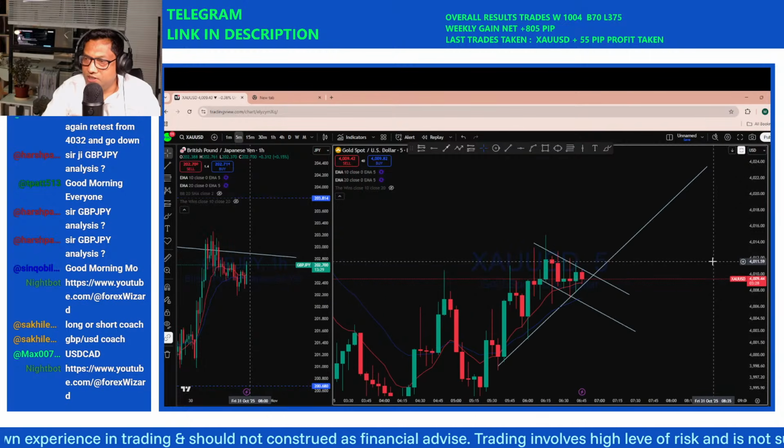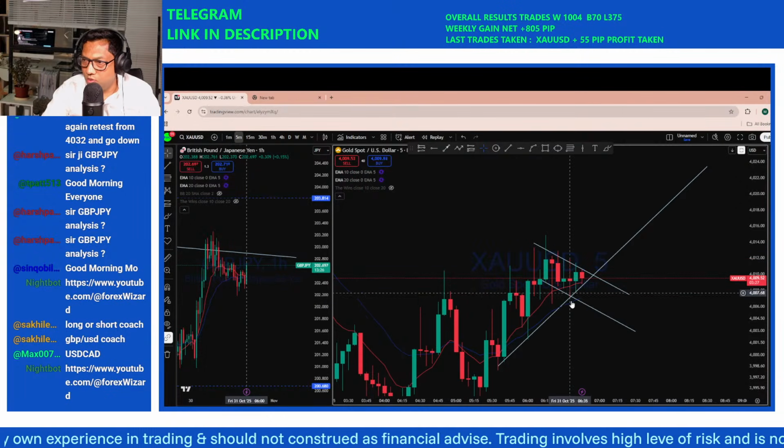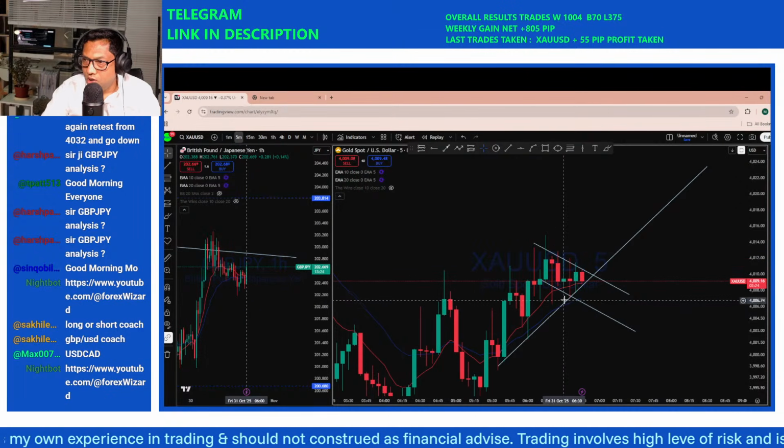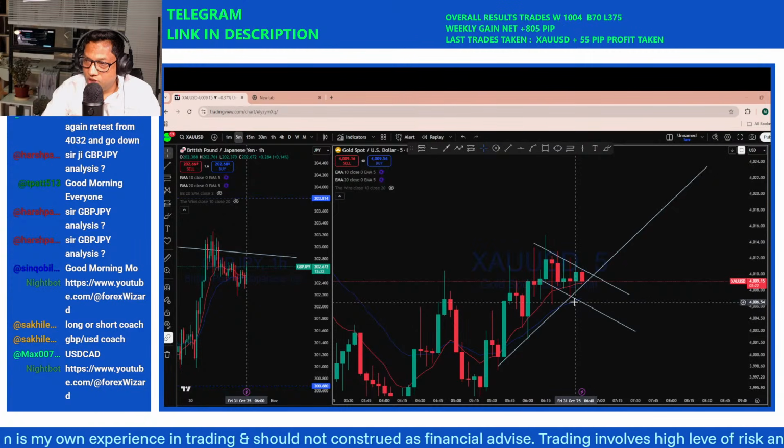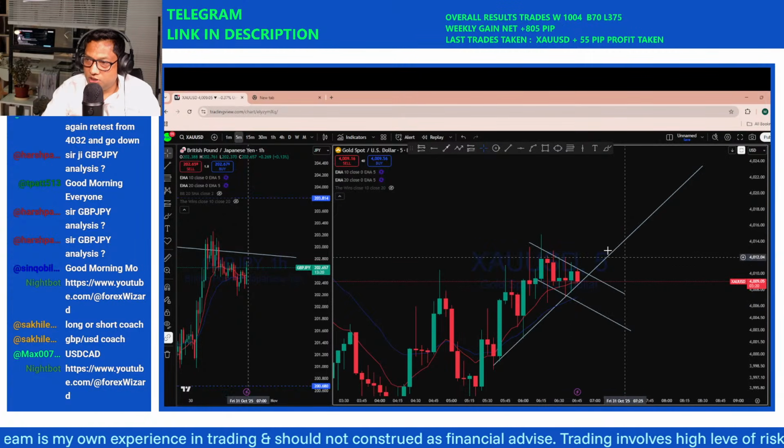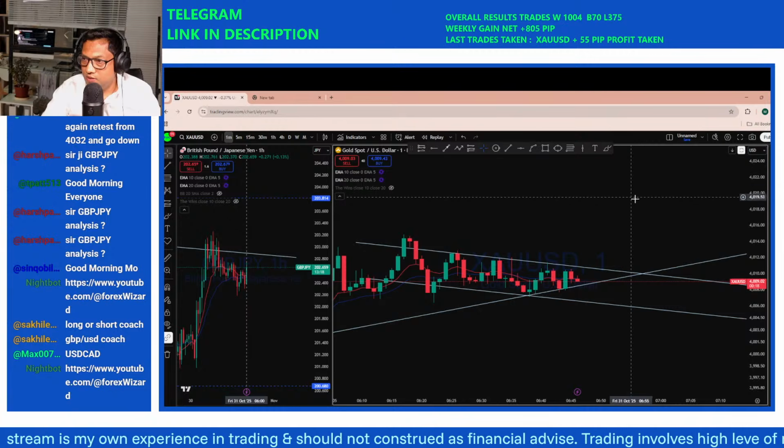Looking at the 5 minutes, it's a one candle range, one narrow green, one red, one narrow doji, one red doji, one green, one red. So it's a sideways market.